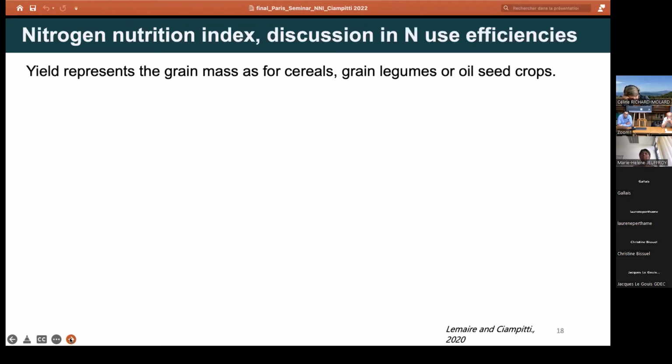So now let's shift a little bit and focus on the problem. How do we solve this problem? If you think about the nitrogen nutrition index, and if you think about the emphasis, I went back a couple of years ago and I started looking at the research and the literature.